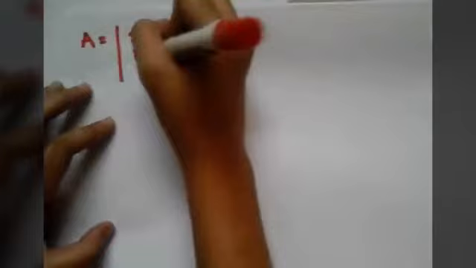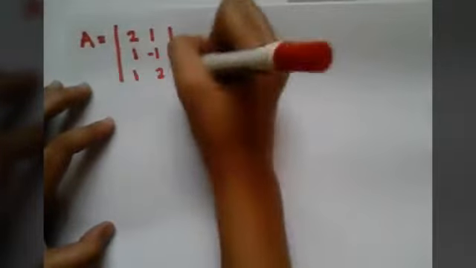So, for the matrix of A, it will be 2, 1, 1, 1, negative 1, negative 1, 1, 2, 1. Then, we need to get the determinant of A. In getting the determinant, we can use the expansion of minor or the diagonal multiplication.